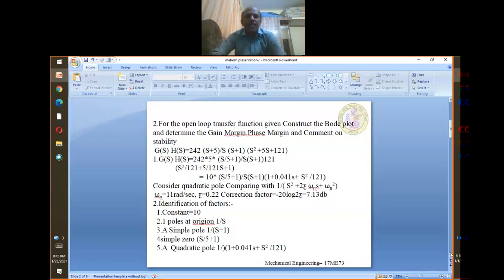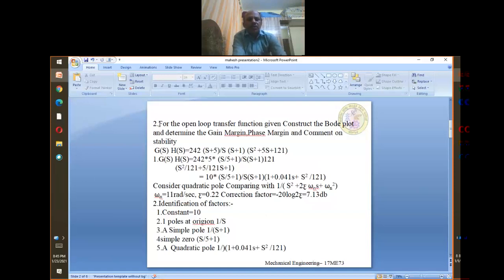Then how to plot the individual plots for different magnitudes, how to show positive and negative magnitude, how to mark the angles and the frequencies. Everything I explained in the previous presentation. Now I will move on to presentation 2.